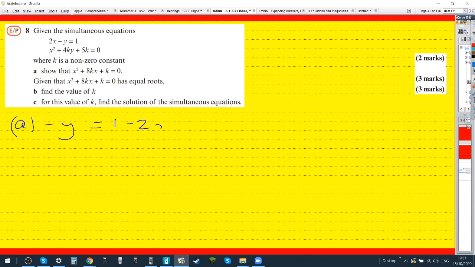Would that be right? Yeah. And then you substitute in. You'd make it plus y, so let's say times both sides by minus 1. So would you put it in brackets, minus 1, then brackets 1 minus 2x? Yeah. And expand that bracket, what would you get?